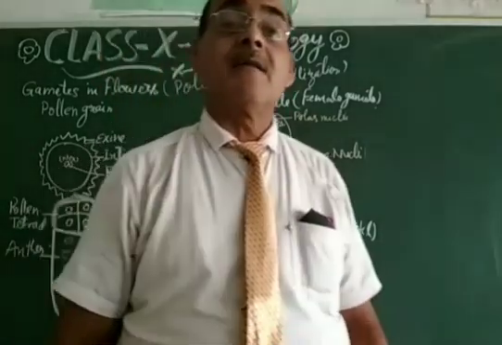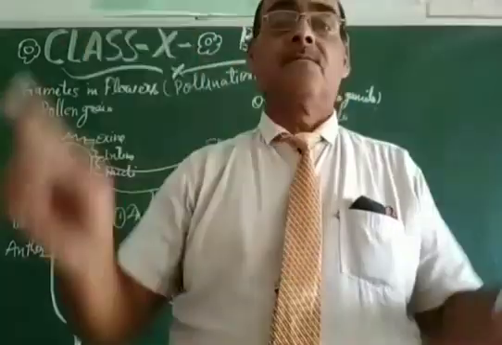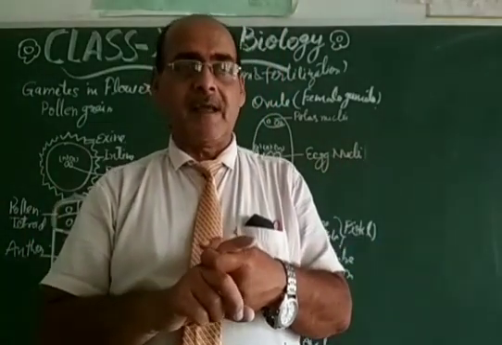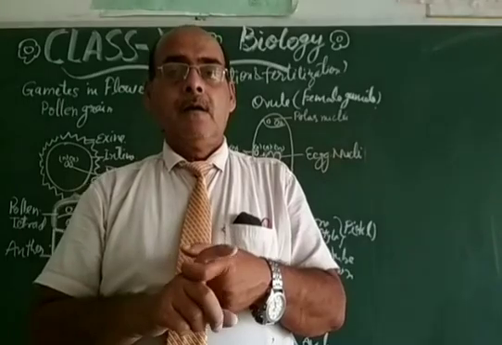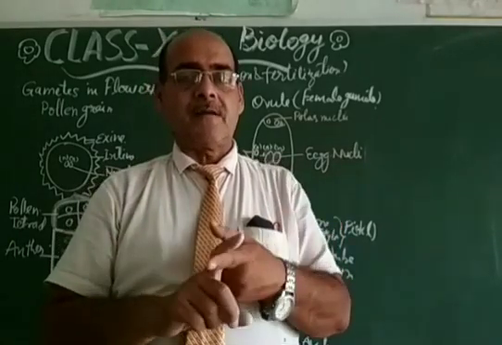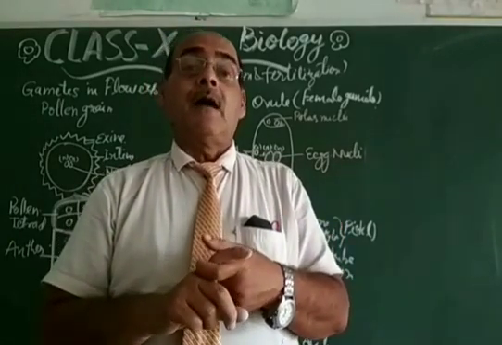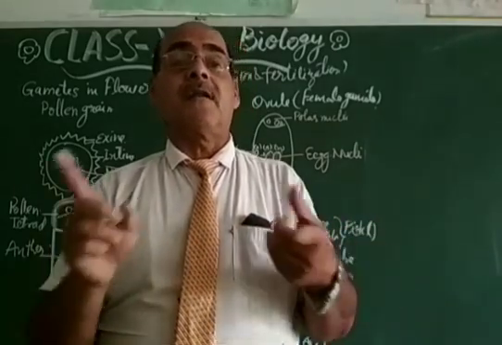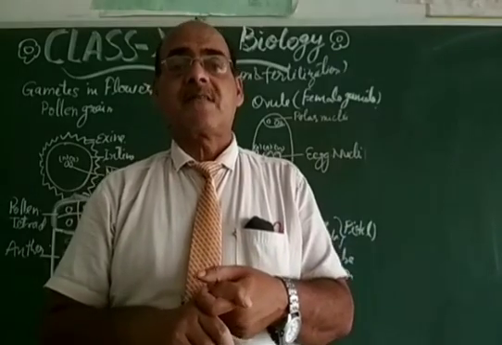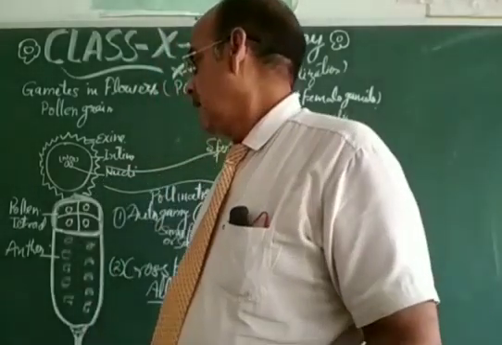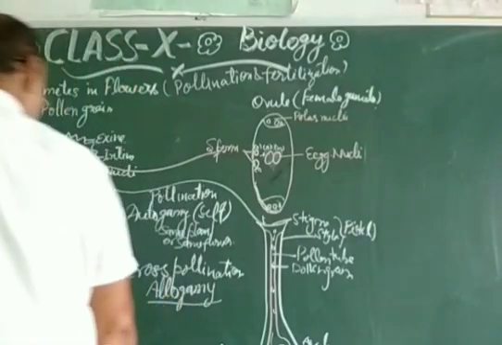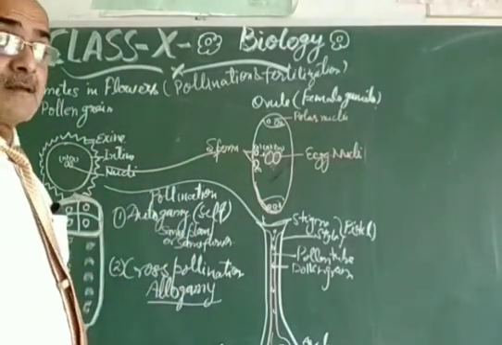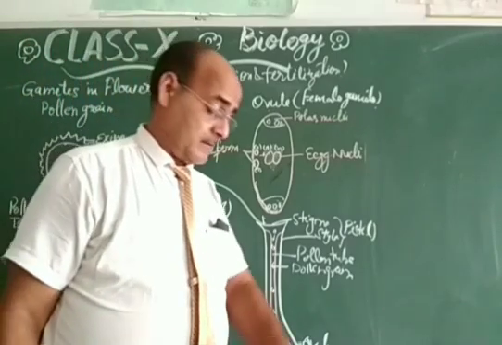Plant-to-plant transfer of the pollen grain is called cross-pollination, while flower-to-flower transfer on the same plant is called self-pollination. So dear students, this is the process of pollination by which fertilization takes place.